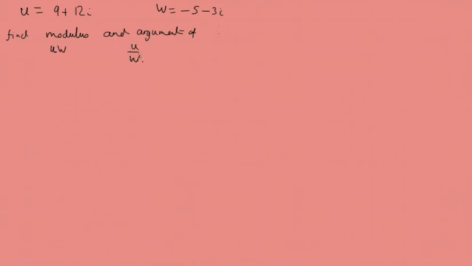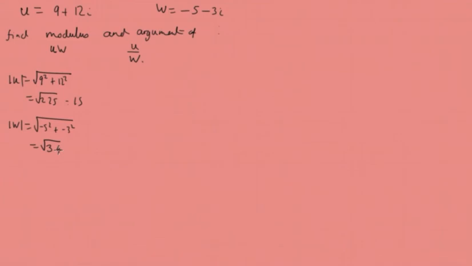So let's start by just finding the modulus of u, which is going to be the square root of 9 squared plus 12 squared, which is the square root of 225, which is 15, and the modulus of w, which is the square root of (minus 5) squared plus (minus 3) squared, which is the square root of 34.